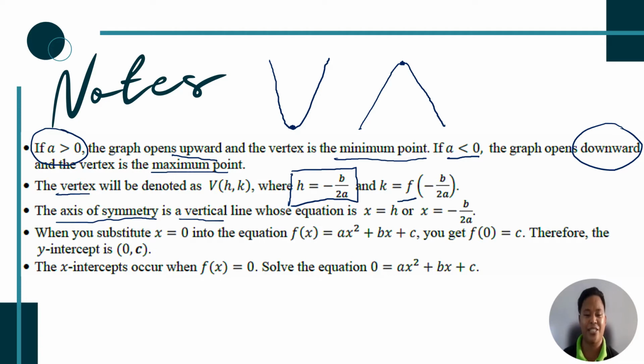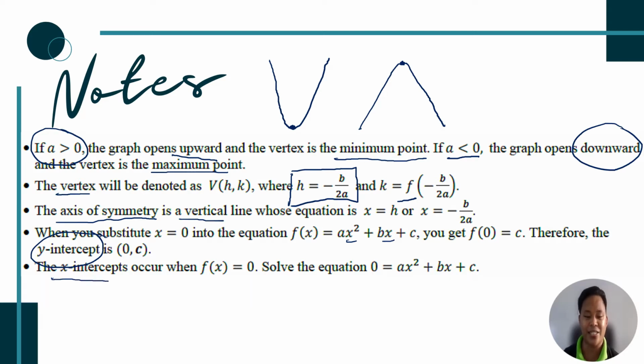For the y-intercept, we're going to substitute 0 for x, and therefore, the value that we get from f of 0, which is equal to the constant, represents the y-intercept of the given function.